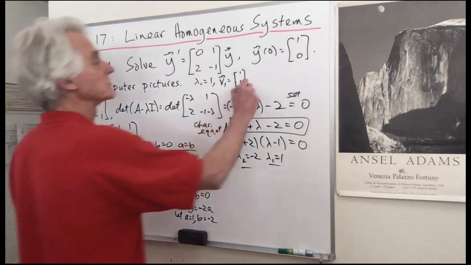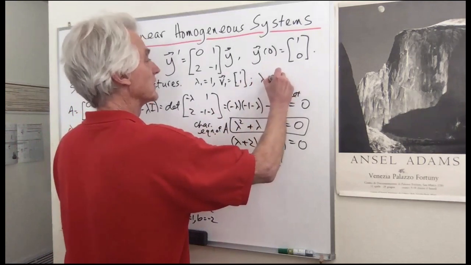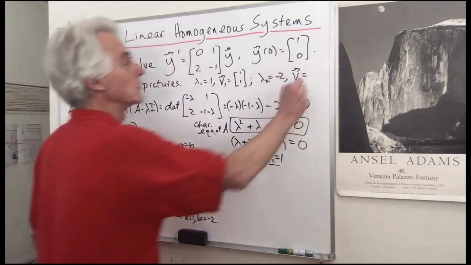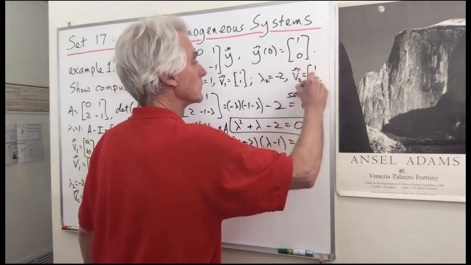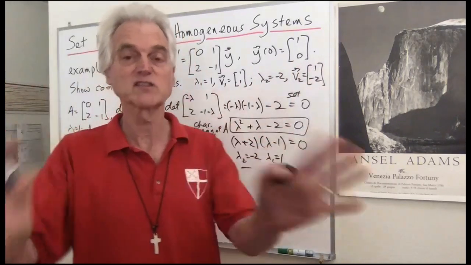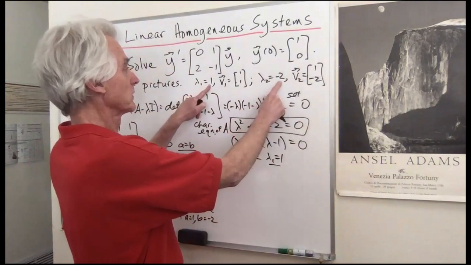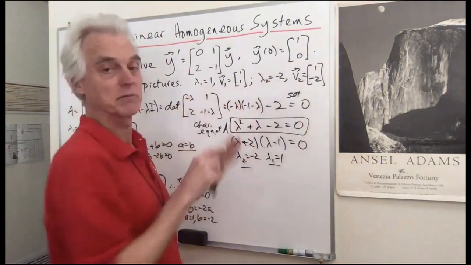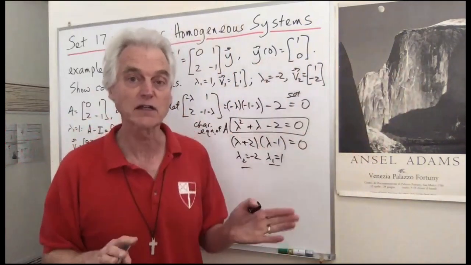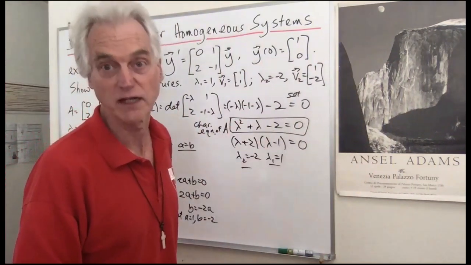So let's write that over here. Lambda 2 is minus 2, and V2 is 1, minus 2. And remember, if everybody got this right, half the people could call that lambda 1, that lambda 2. Half the people could call that lambda 1, lambda 2. There's only two correct answers for the eigenvalues, but for the eigenvectors, everybody could have a different correct answer.